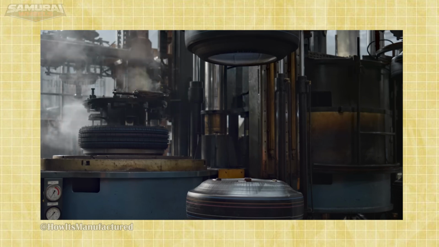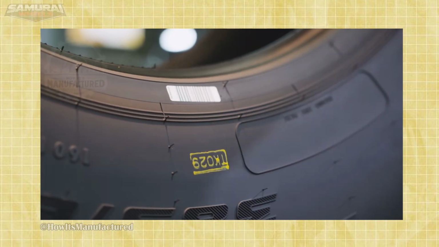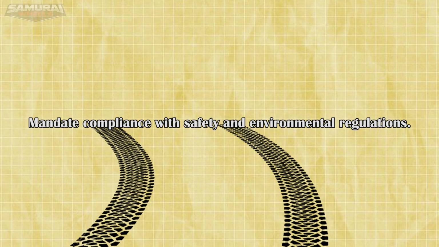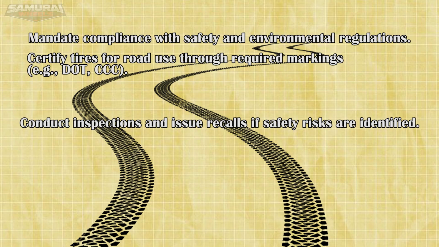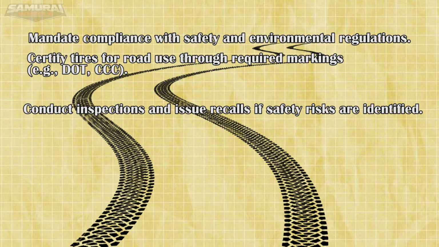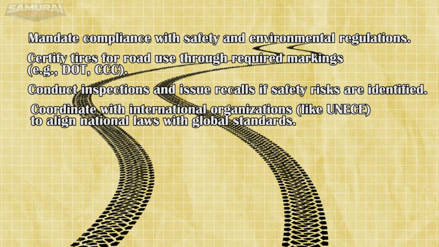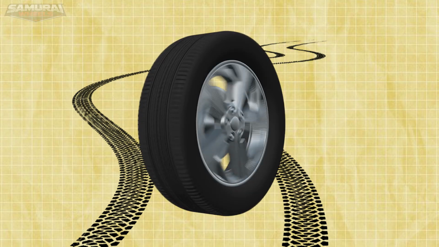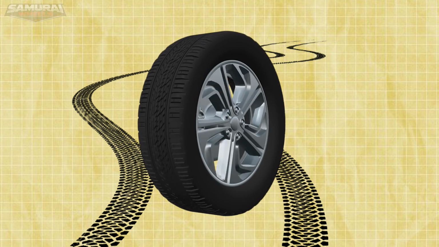Unlike international or industry groups that develop technical standards, these bodies have the legal authority to mandate compliance with safety and environmental regulations, certify tires for road use through required markings, conduct inspections and issue recalls if safety risks are identified, and coordinate with international organizations like UNECE to align national laws with global standards. These agencies ensure that all tires sold or used within their jurisdiction meet minimum performance, labeling, and safety requirements, protecting consumers and maintaining road safety.